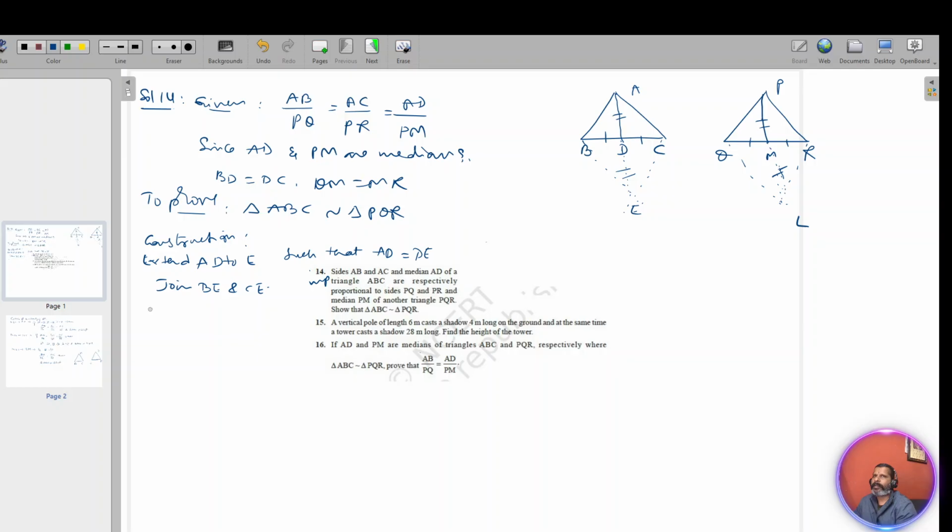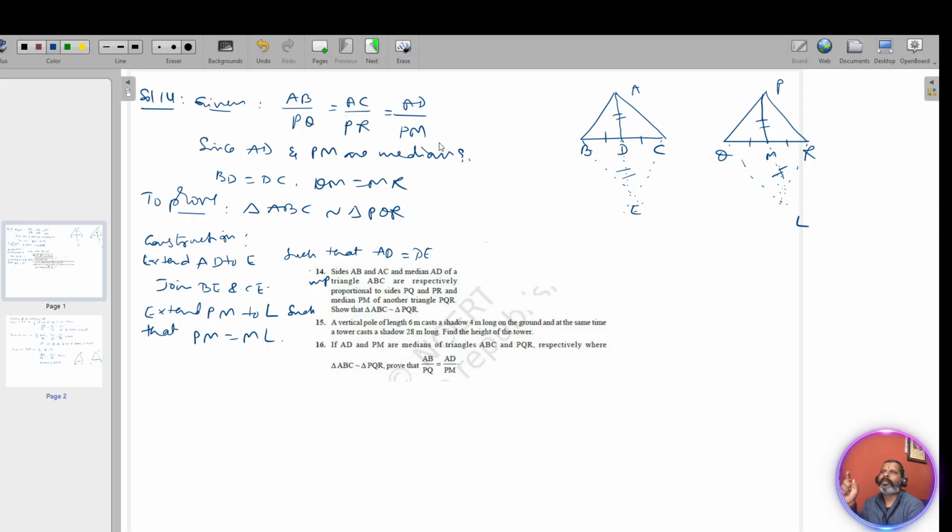We'll write the same for PQR triangle. Extend PM to L, such that PM equal to ML. Basically, to prove that triangles ABC, PQR are similar, we need either of AAA or SSS or SAS.